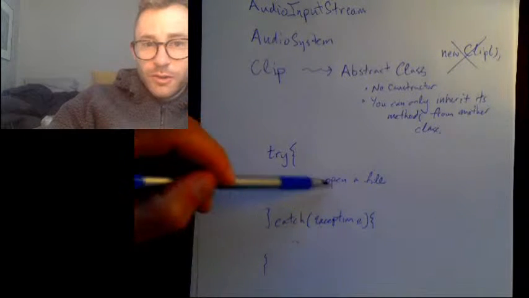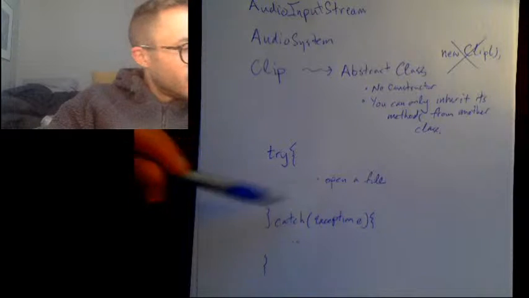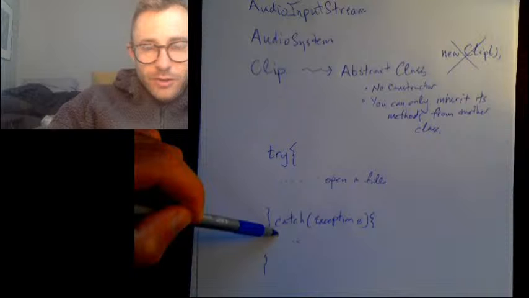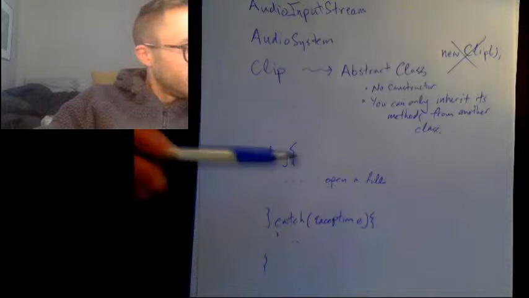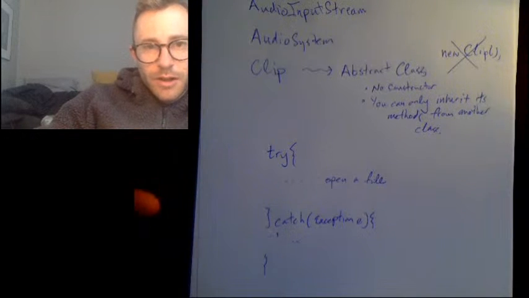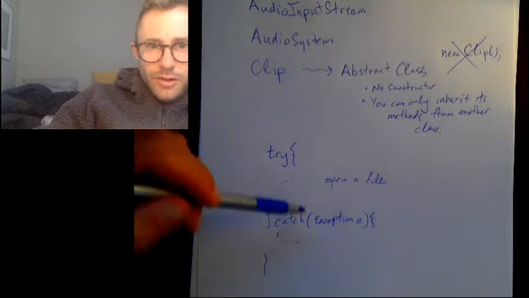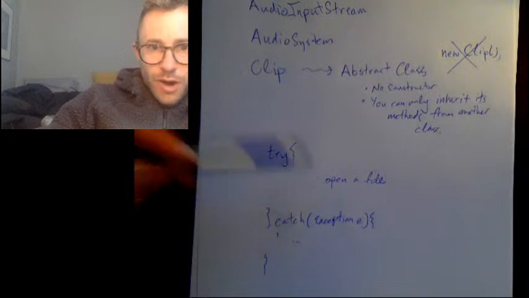So it tries to do this. And if it can't do that, it's going to do this. So it's almost like an if-else statement, but it only goes to the else if there's some sort of issue with what's going on in the try block.